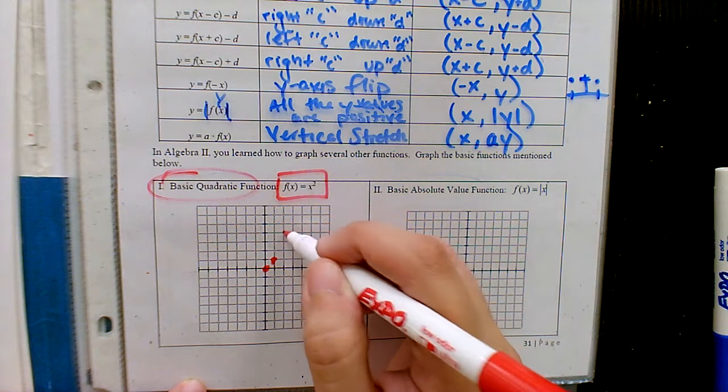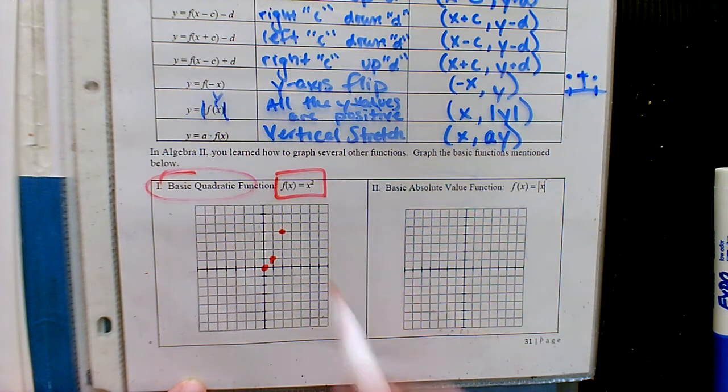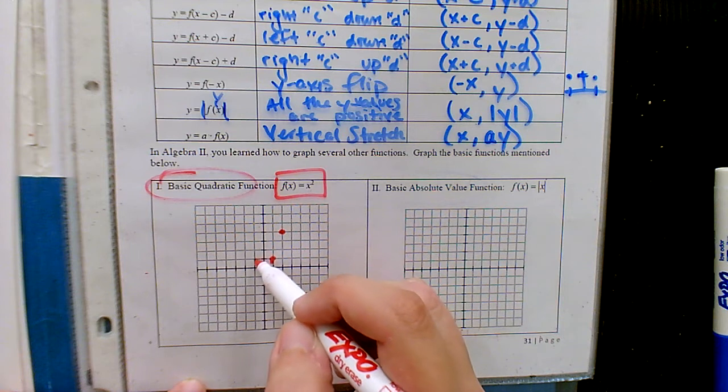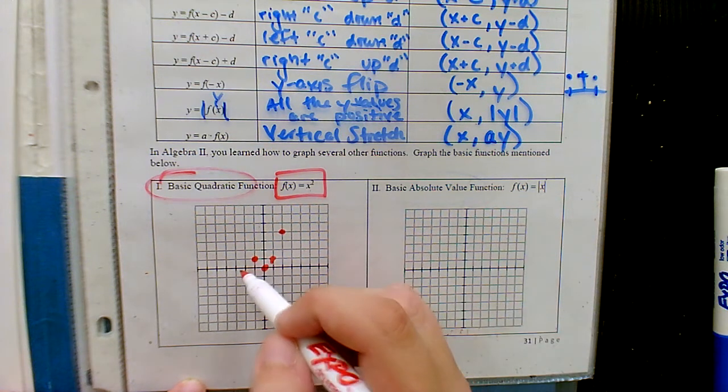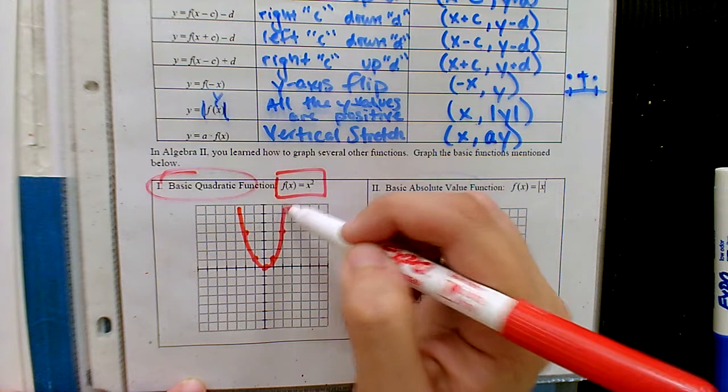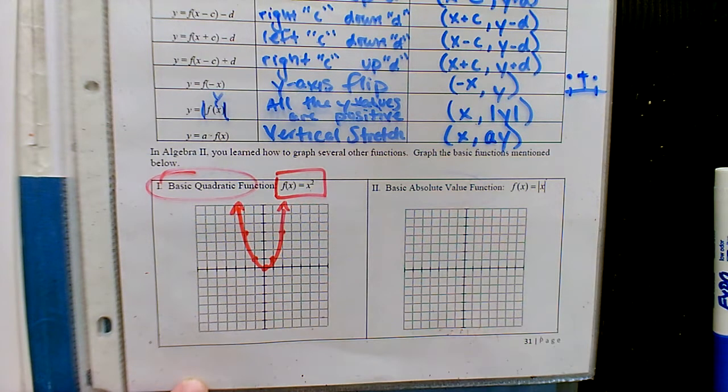Plug in 2, 2 squared is 4. If we try to plug in some negative values, negative 1 squared is 1, negative 2 squared is 4. We get that U-shaped graph, which is called a parabola. So a quadratic graph is a parabola, that U shape.